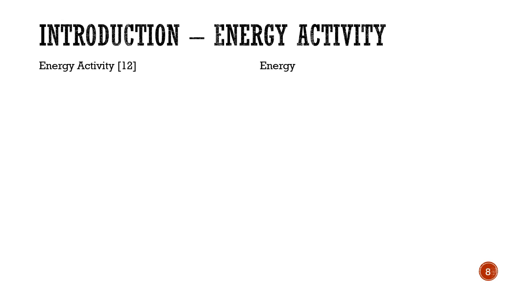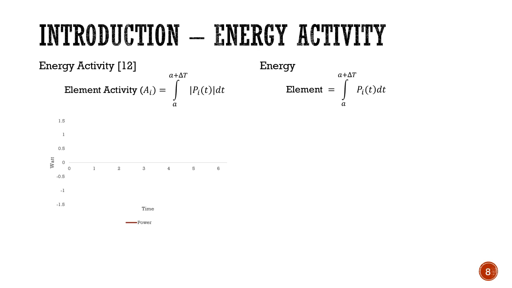Let's understand the difference between energy and energy activity. Energy is the integral of power, but energy activity is the integral of the absolute value of power. So, understanding it using an example, let a component undergo a power consumption according to the given profile.